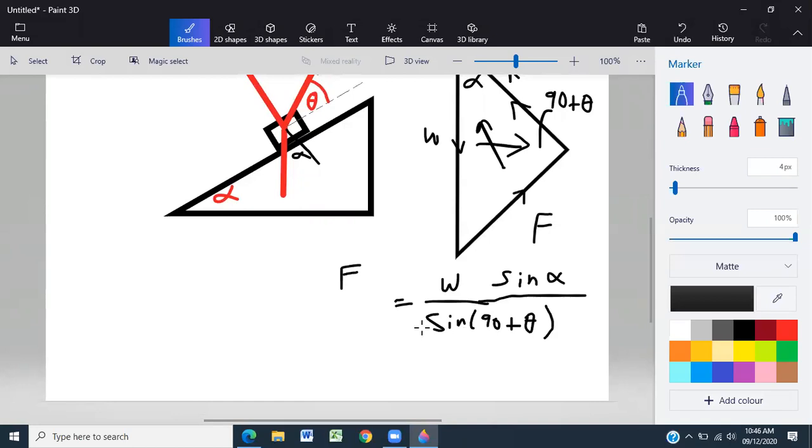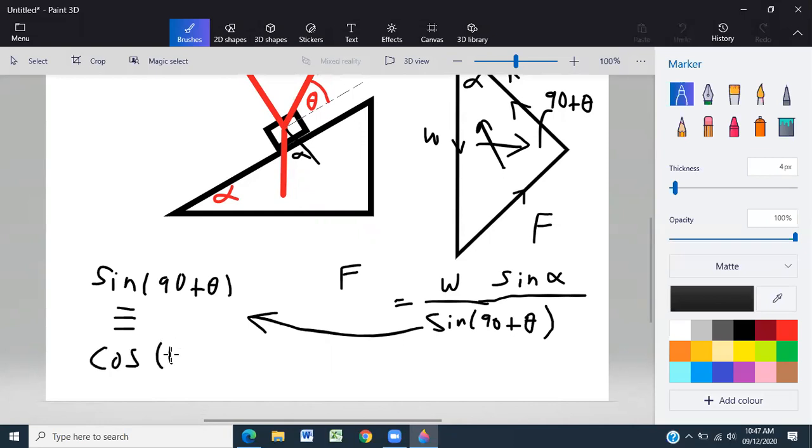Now, from math, we know that sine 90 plus theta is the same as cosine of theta. Yeah, this is something you should know, right?